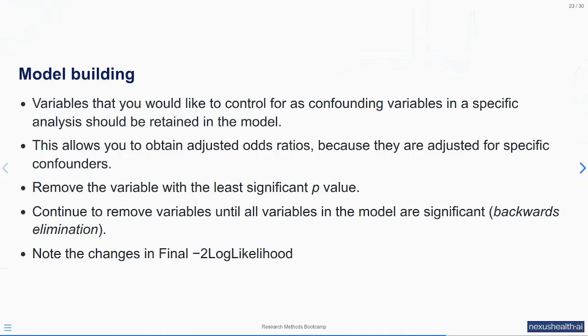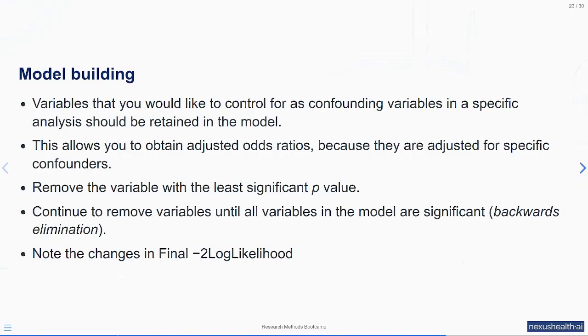And then you repeat the step, and you continue to remove variables until all variables in the model are significant. This method is what is called backward elimination. Once you do that, you note the final changes in a statistic known as your negative 2 log likelihood. But this is not something you're going to do manually.